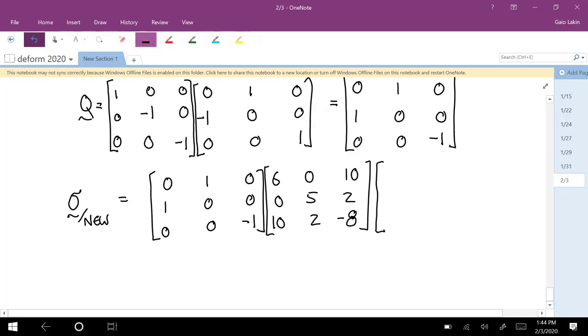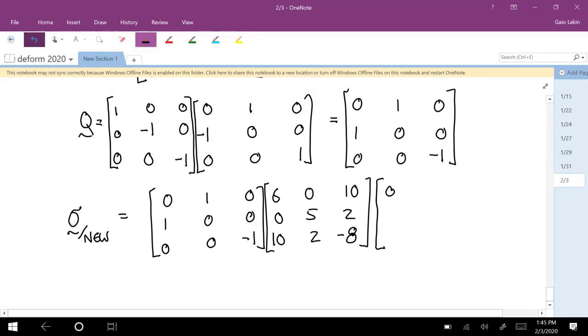So what was the first row is now the first column. What was the second row is now the second column. Oh, it's the same. 0, 0, negative 1. It doesn't have to be the same, but it is in this case.